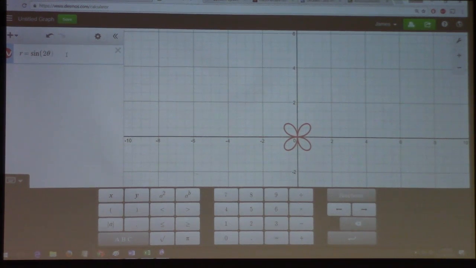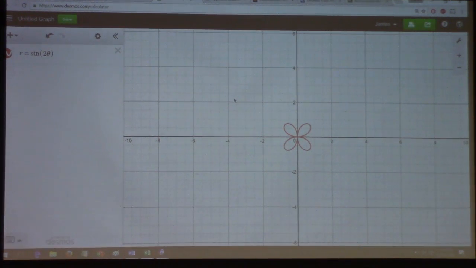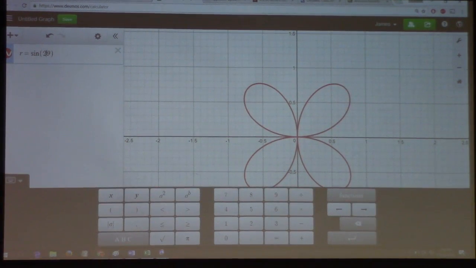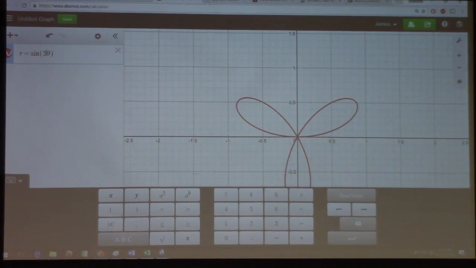The other one was doing like a parametrized curve or something, so it couldn't see it. Anyway, here it is. So here is the sine of 2 theta. As you can see, it's a flower with 4 petals. What do you think happens if I make this 3 theta? How many petals is it going to have? Care to guess? 6. You'd be wrong.